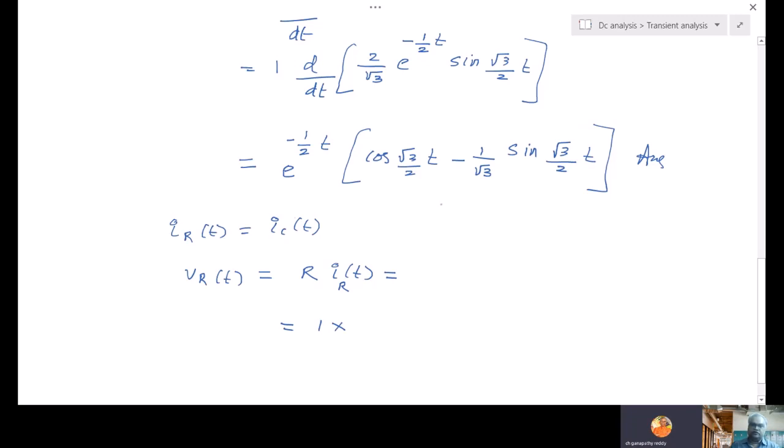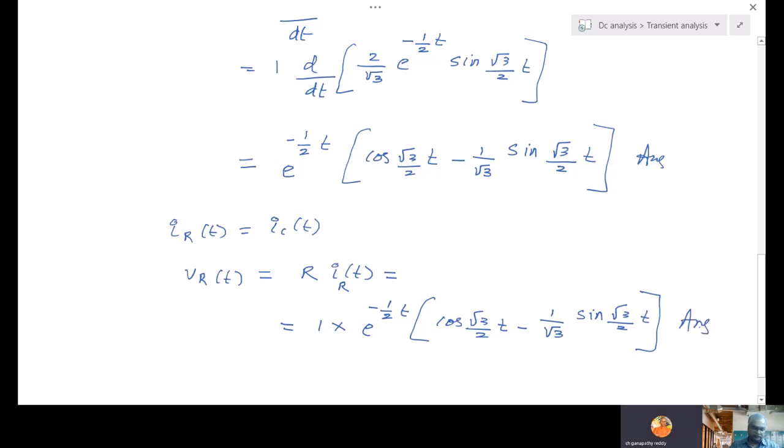So the same thing will come: e power minus 1 by 2 t cos root 3 by 2 t minus 1 by root 3 sine root 3 by 2 t.